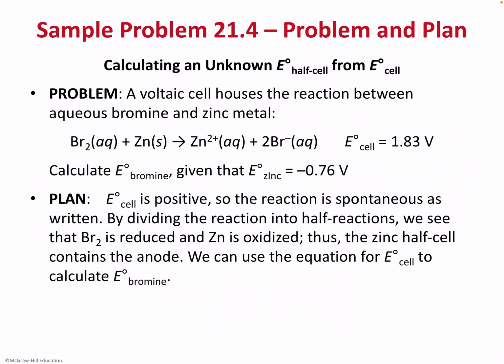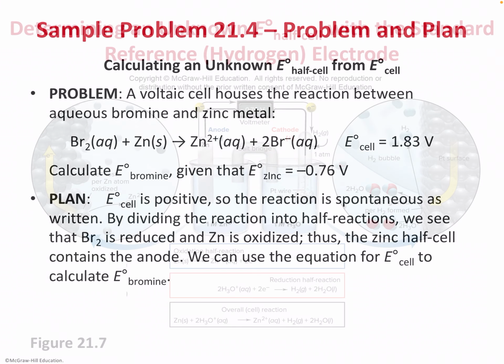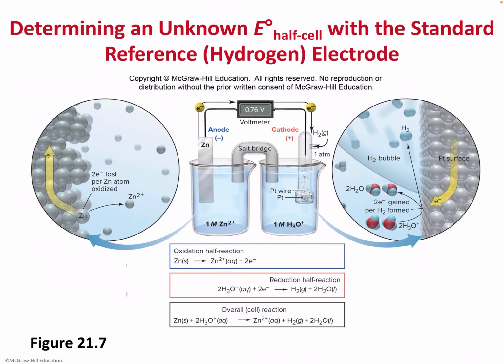Calculating unknown E0 half cell from E0 cell. Now, going back to the previous one for a minute, you see here you use the hydrogen electrode, the standard electrode, and we made it 0 reference. And then whatever number we read on the voltmeter gives us the standard electrode potential of the metal that we are looking at, zinc in this case, 0.76.